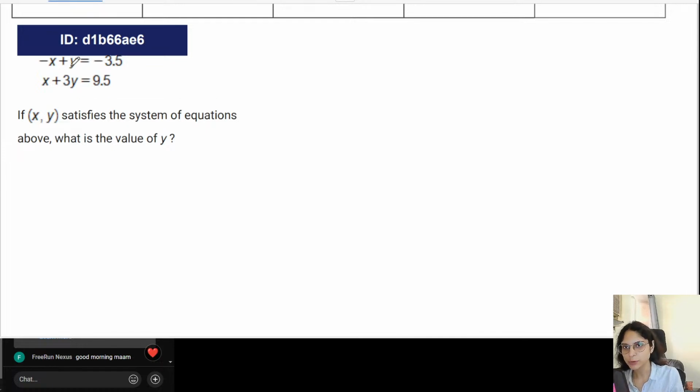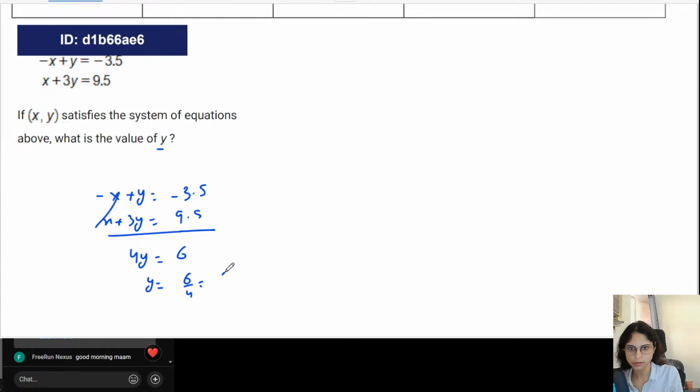So here also, like I told you, you can directly add the equations because x is cancelling out and you want the value of y. 4y equals -3 plus 9 is 6, 9 minus 3 is 6. Y is going to be 6/4. That is 3/2. So you can write 3/2 or you can write 1.5.